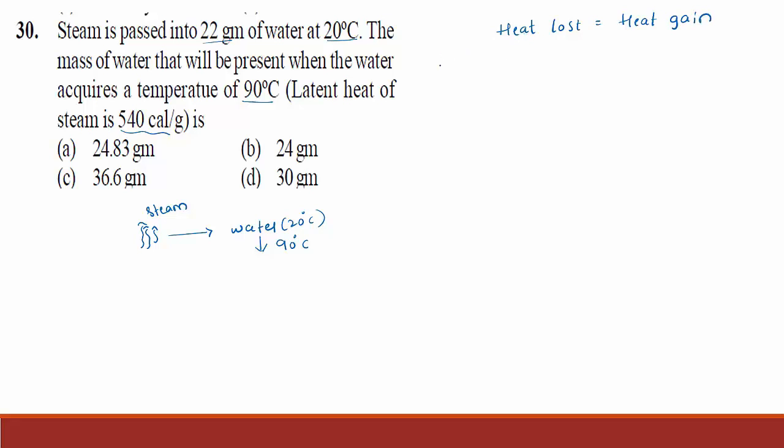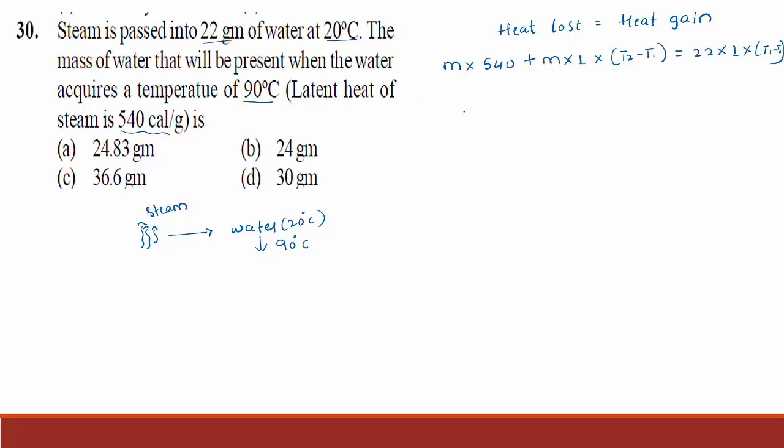So heat lost, we can write, is mass of the steam, let us take it as m gram, into latent heat of steam, which is given as 540 calorie per gram, plus m into specific heat capacity of water, which is 1, into change in temperature, T2 minus T1, is equal to heat gained by the water having mass 22 gram, specific heat capacity of water 1, into change in temperature, T1 minus T0.